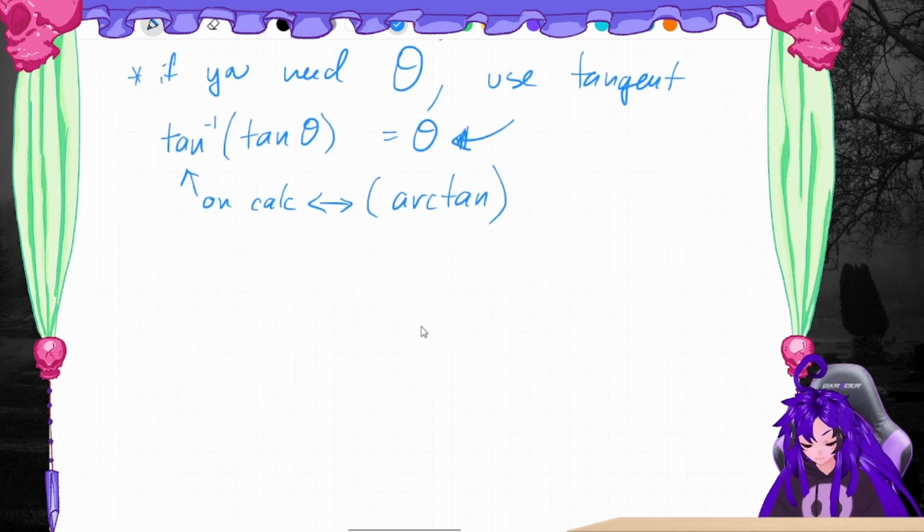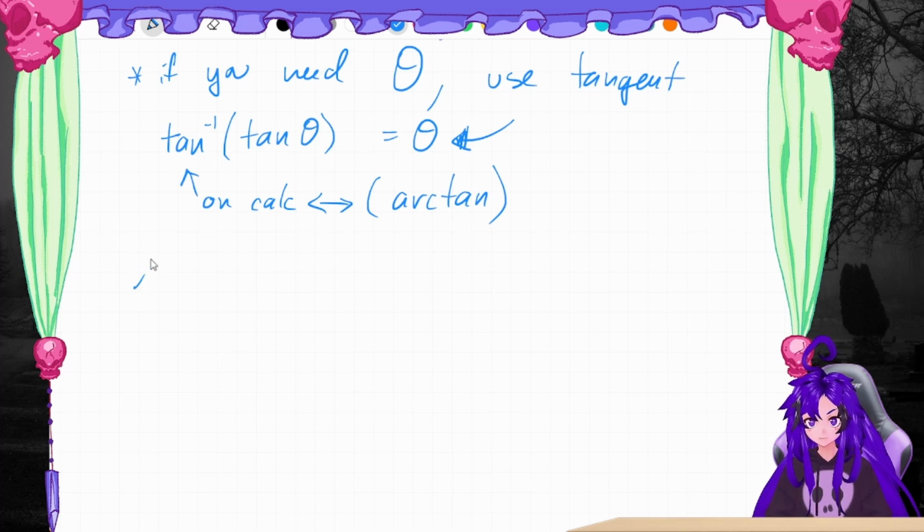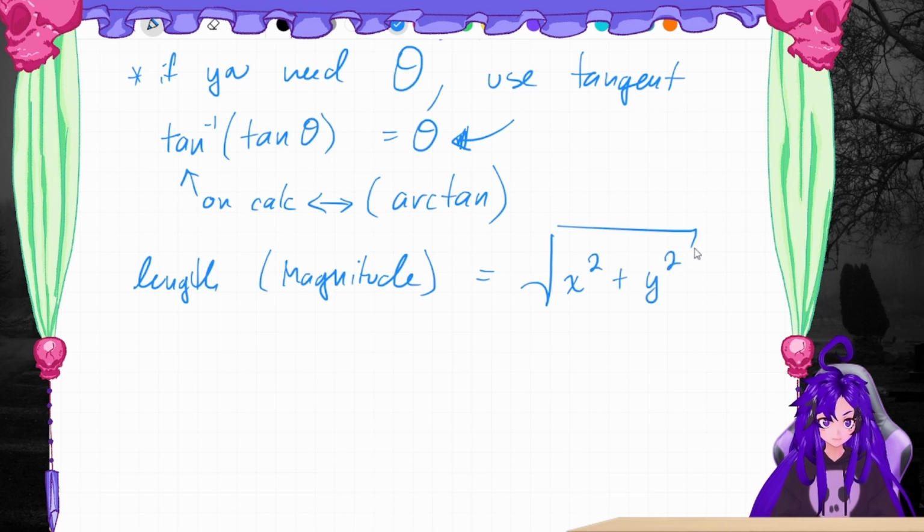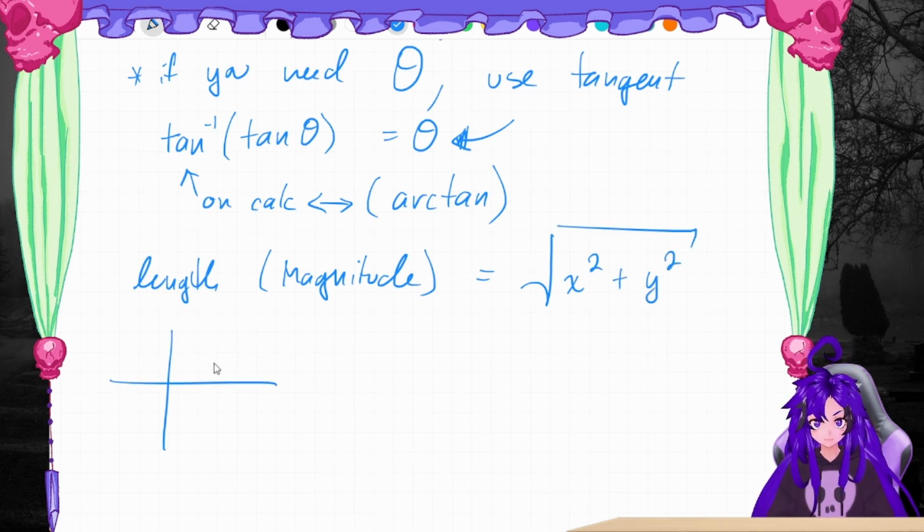So last things are, how do you get the length of something? Or magnitude is the square root of x squared plus y squared. Basically you've got this and you were given something in complex terms, so x plus jy.